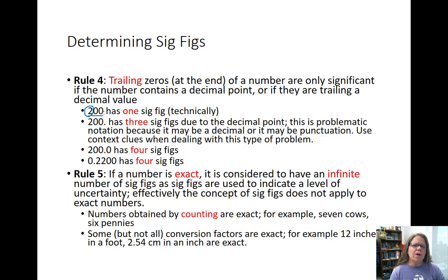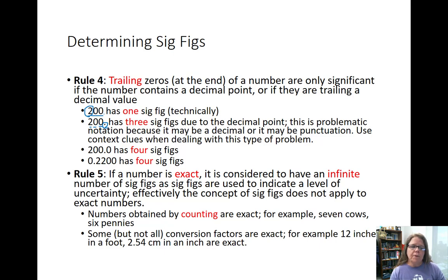But a lot of times we write 200, but we mean we know it to like at least the ones place. So to clarify that, put a decimal. Because if I write 200 with a decimal at the end, it now has 3 sig figs. And that means that the only uncertainty is in this lowest digit right here.